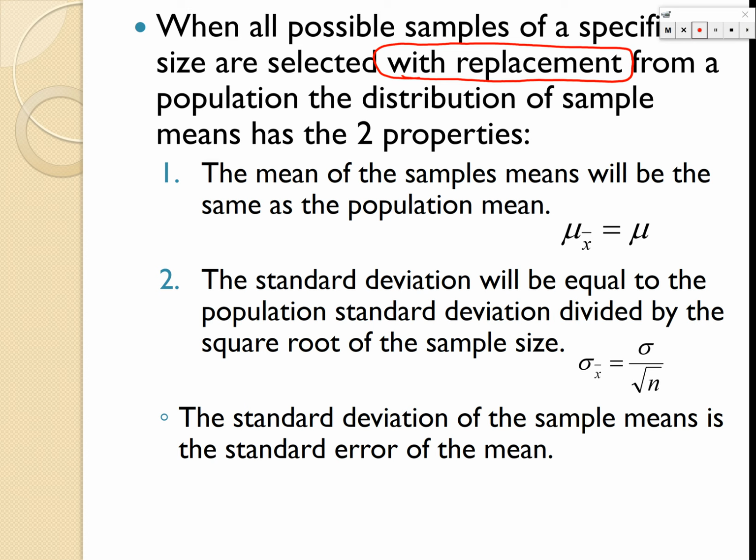The mean of the samples will be the same as the mean of the population. The standard deviation will be equal to the population standard deviation, but we have to divide by the square root of the sample size. That's going to be the difference between those. Standard deviation of the sample means is also called the standard error of the mean.